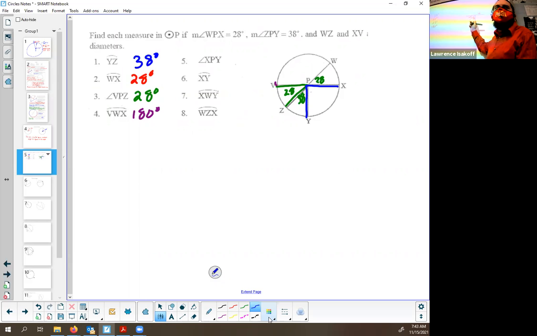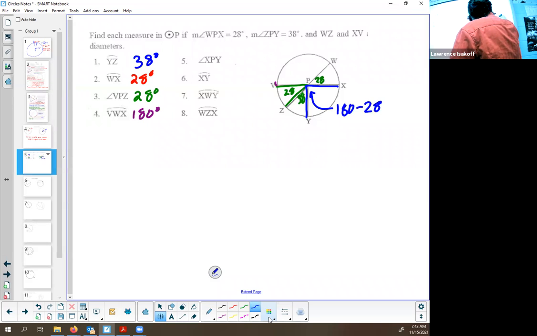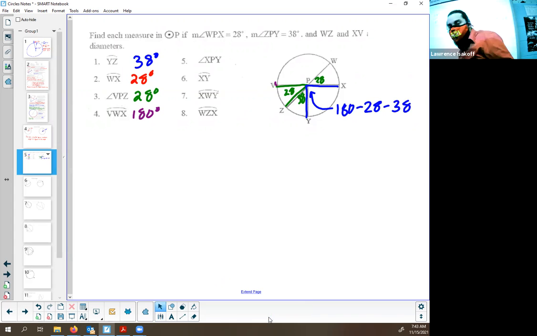It's looking kind of close to a right angle to me. However, if I take this green piece and this blue piece, that's the diameter, so all of this has to be 180. To find this angle, I'm going to do 180 minus 28, this angle over here, minus the other angle next to it, 38.